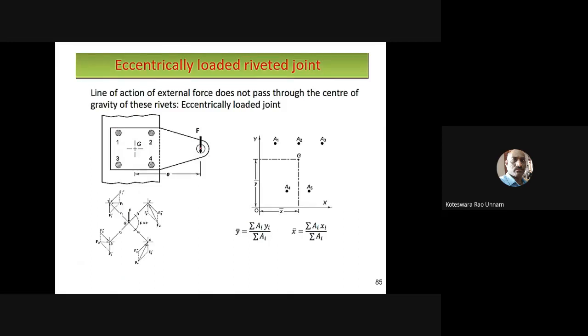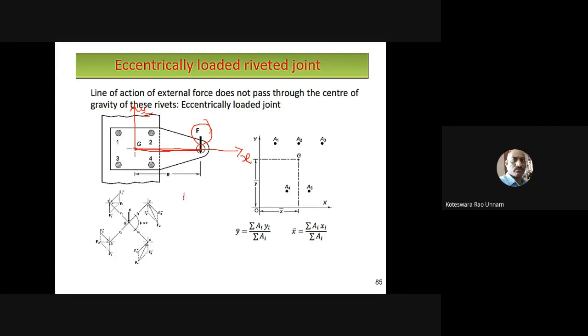If you have confusion, what I'll do is take this one as my x-axis and this one as the y-axis. What is the direction of your force? The direction of force is the y direction, so it is acting along the y-axis, of course the negative y-axis. And what is the direction of your offset distance? The offset distance is acting along the x-axis.